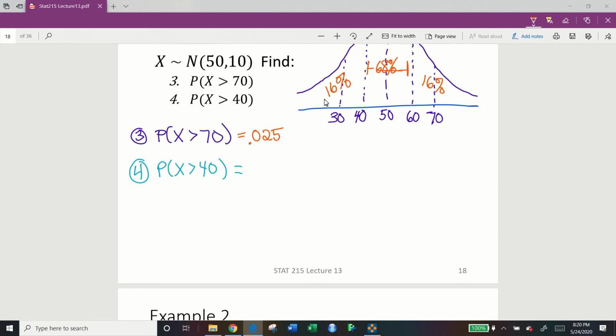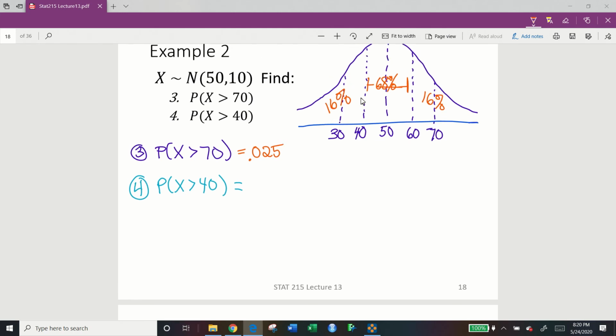So at this point, we just come to an addition problem: that 68% plus the 16%, which will again equal 84%, or 0.84. Hopefully so far this has been pretty manageable. It really helps if you draw the picture.